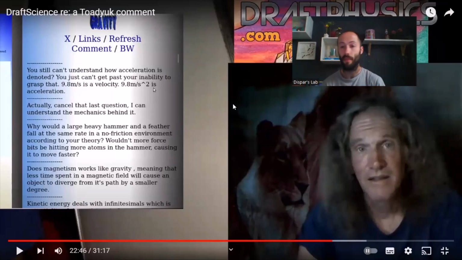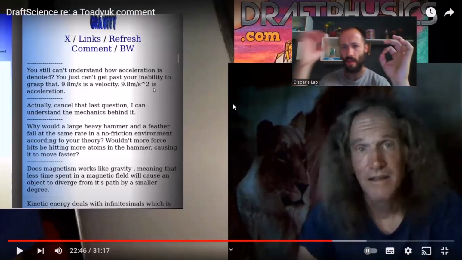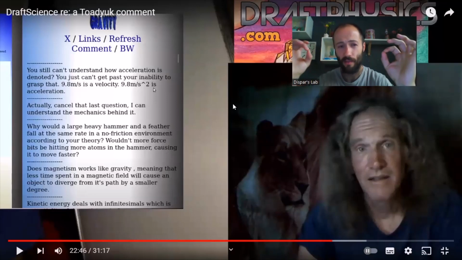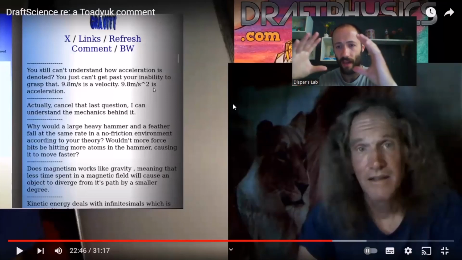Now, what does that mean? You say that's acceleration, okay? What are you gaining? You say, so 0 meters per second, and then you accelerate at a rate of 9.8 meters per second. What does that imply? You're going 9.8 meters for every 1 second.